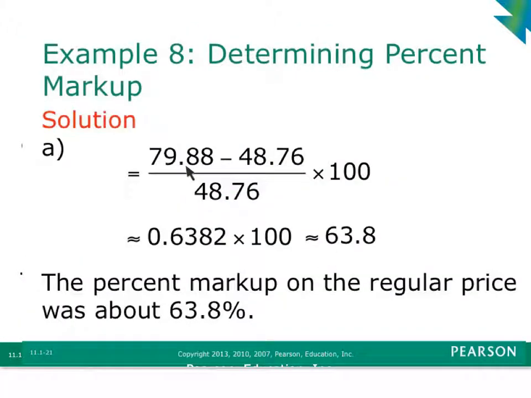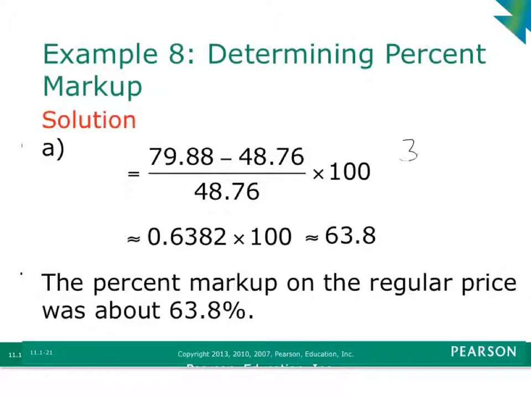Okay, so on the regular price, they're selling them for $79.88. They bought them for $48.76. So their selling price minus their purchase price, divided by their purchase price, and then times 100. So 79.88 minus 48.76 divided by 48.76 is 0.6382. They don't show the math here, but we can figure that out.